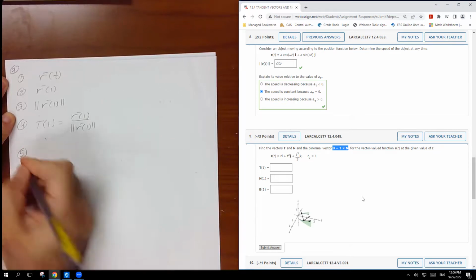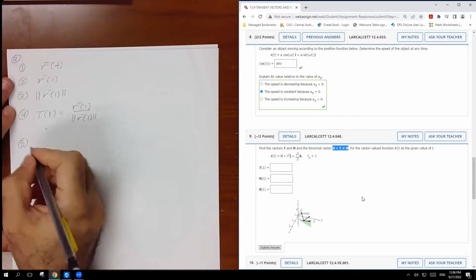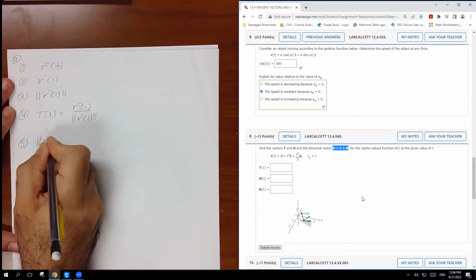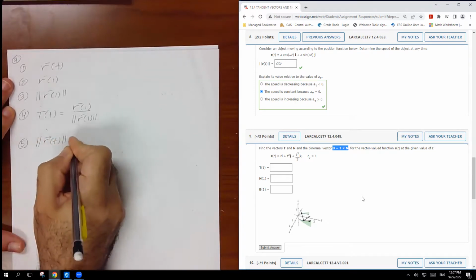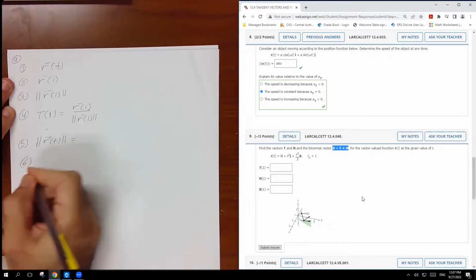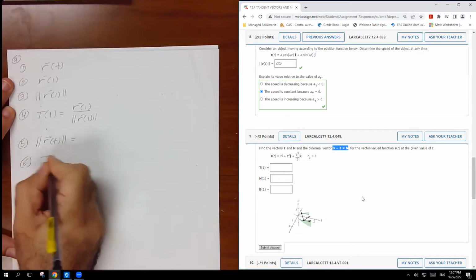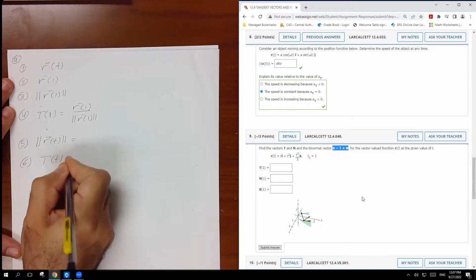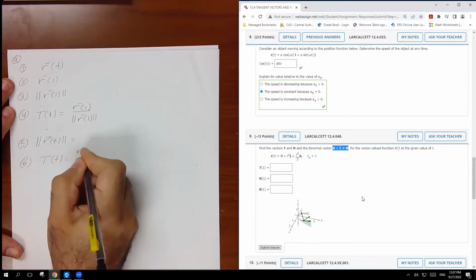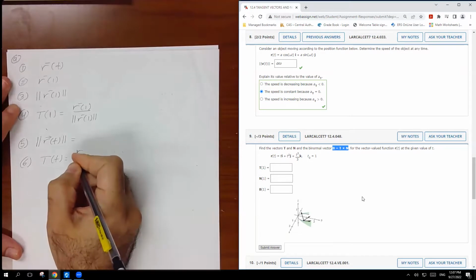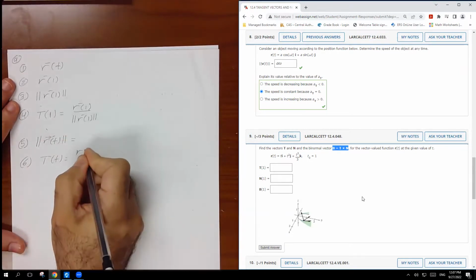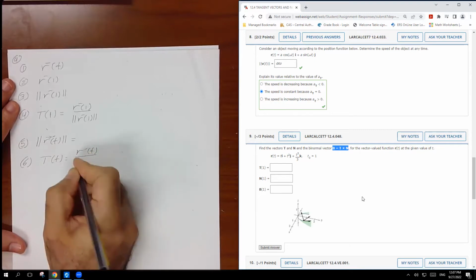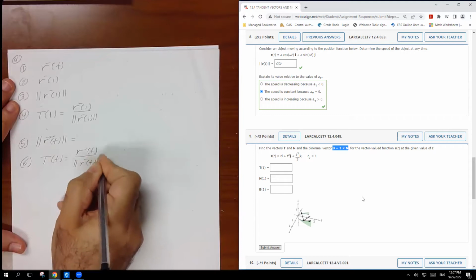Okay, step 5, we're going to find the length with respect to t. Step 6, you're going to find now t with respect to t, which is going to be r prime of t over the length of r prime with respect to t.